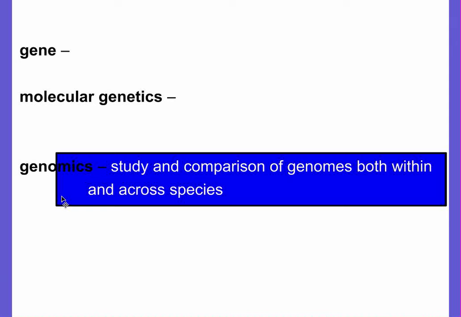Genomics talks a lot about how different things are related, right? If you see similarities in DNA, those things might be related ultimately because they would have inherited that DNA from a common ancestor. So we'll talk about that a lot later as well, right? Not just during our genetics section, but also in our evolution unit when we start talking about how all these living things might be related to each other.